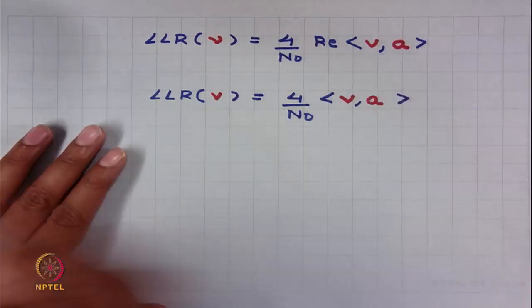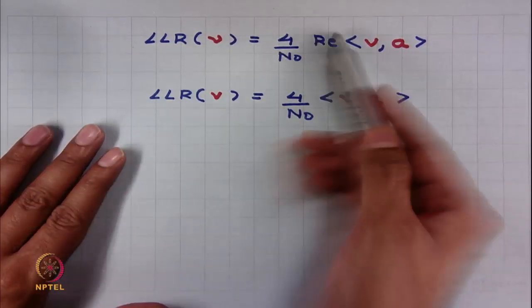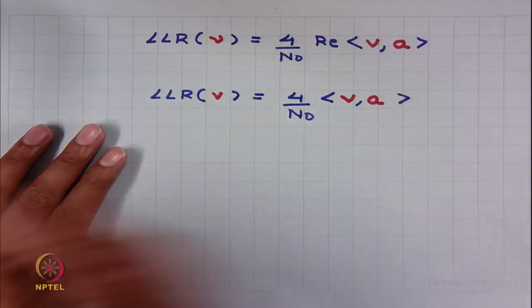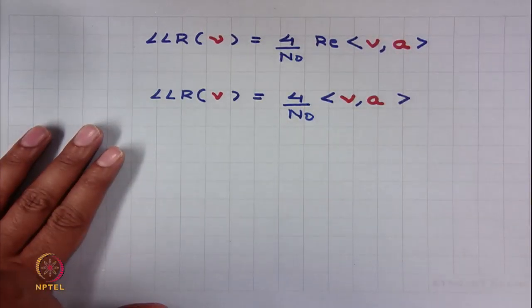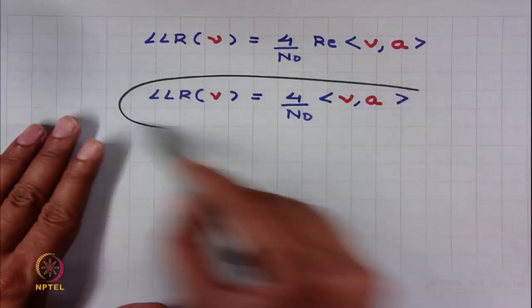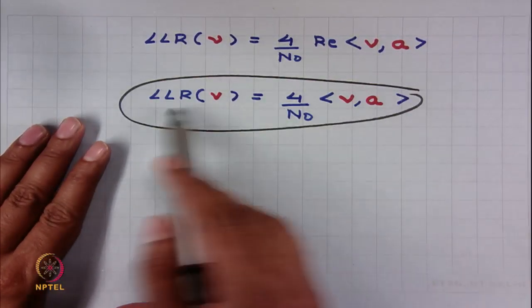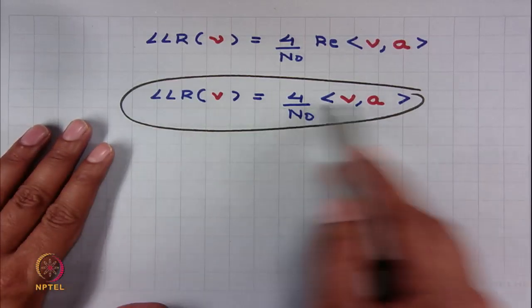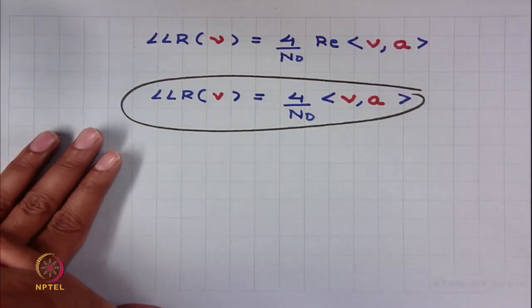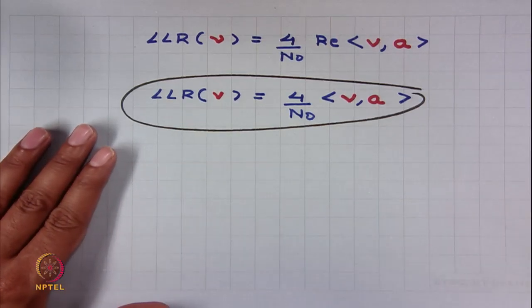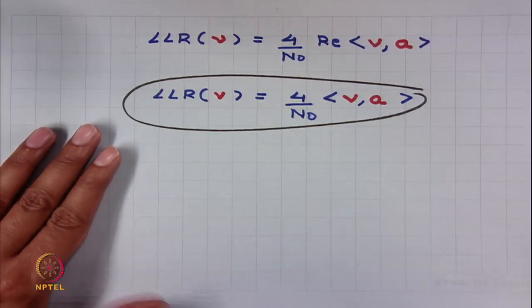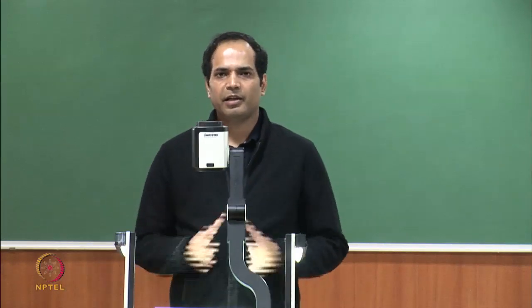If these vectors are real, you do not have this real part anymore, because this anyway already gives you a real product. So, in case that the vectors involved are real vectors, log likelihood ratio simply reduces to this. Now, it is a very important thing, because this vector v consisted of a bunch of numbers, complex numbers or real numbers.